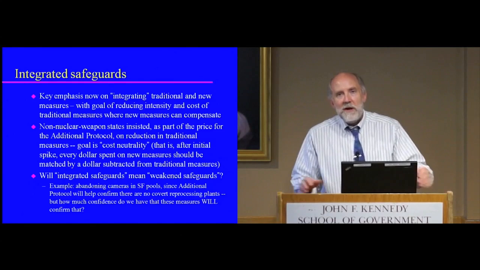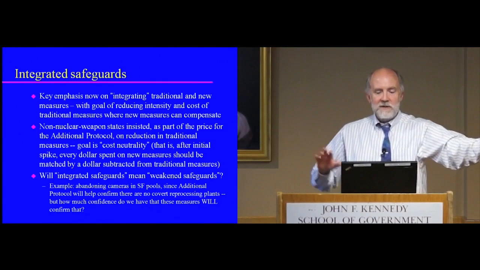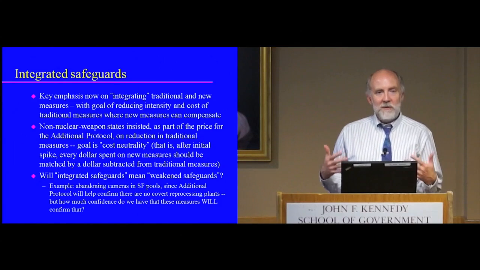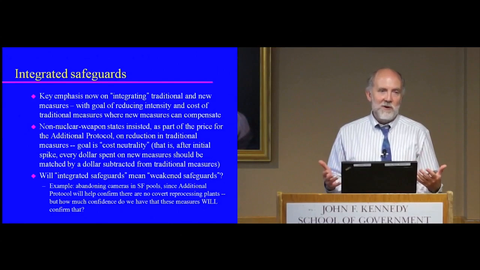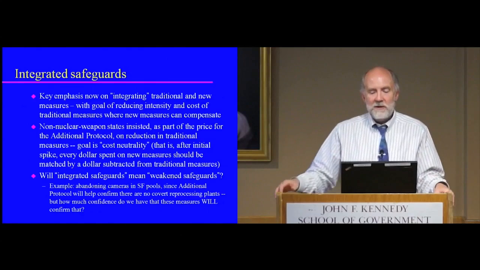So what the IAEA is now doing is trying to integrate the old traditional safeguards and the new safeguards. The goal is not only to make the system more effective, but also to make it more efficient. If you have more confidence from the new measures, maybe you can reduce the old measures a little bit.